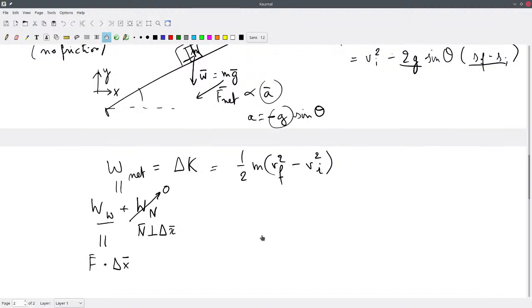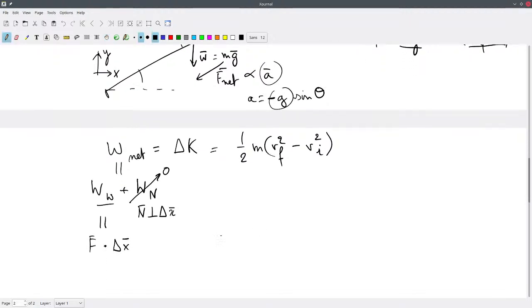And in this case, our force is going to be vertical, so this has only y components. Only the y component of the displacement will play a role. So this will be minus mg times (y final minus y initial).